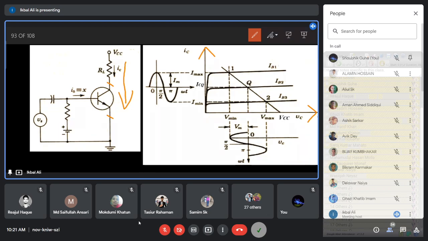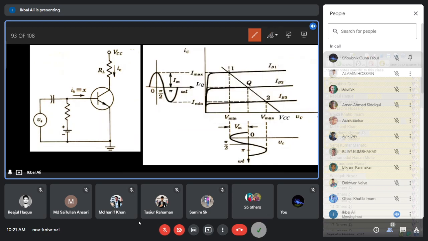The voltage across the transistor and the current flowing through the transistor should be non-linear. That is why the characteristic curves are like this, the parallel lines like this one.